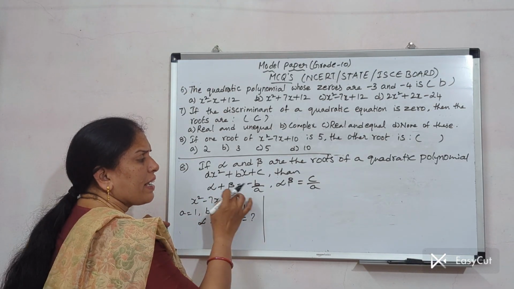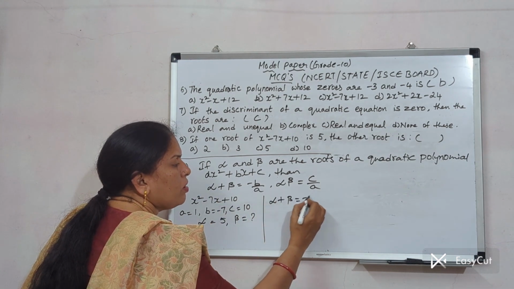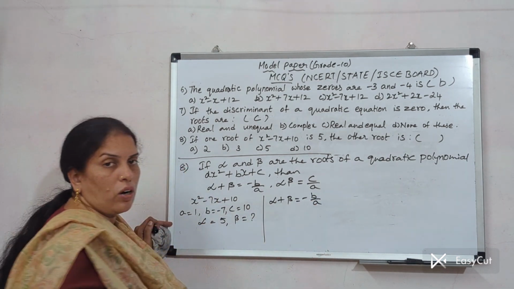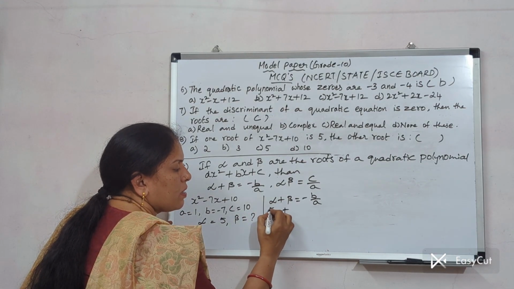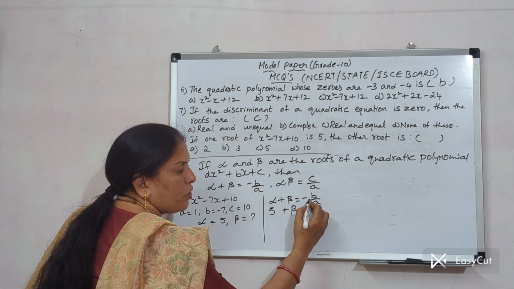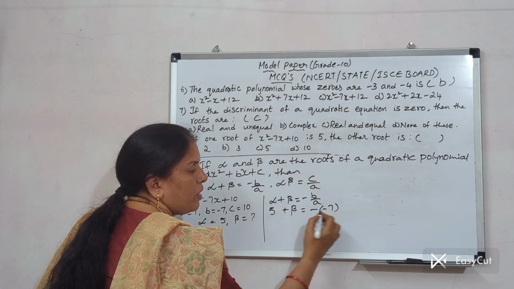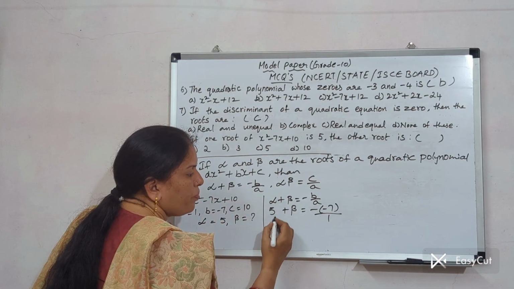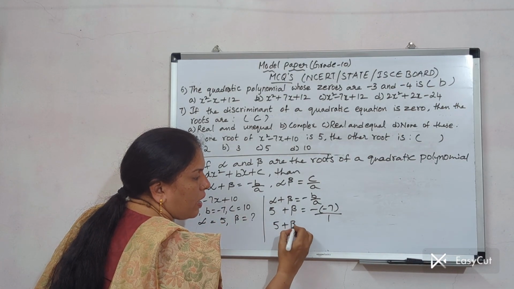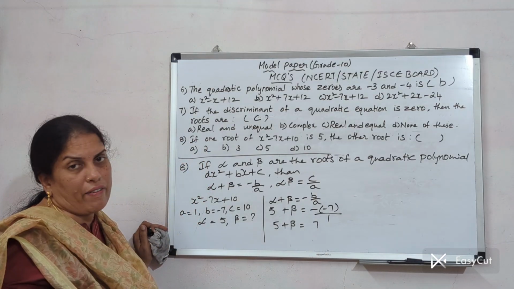Out of these two, we can take anything. I am taking alpha plus beta equal to minus b by a. Alpha is 5, plus beta, we don't know, equal to minus b, which is minus 7, by a, which is 1. So 5 plus beta equals minus into minus, plus, 7 by 1, which is 7 only.